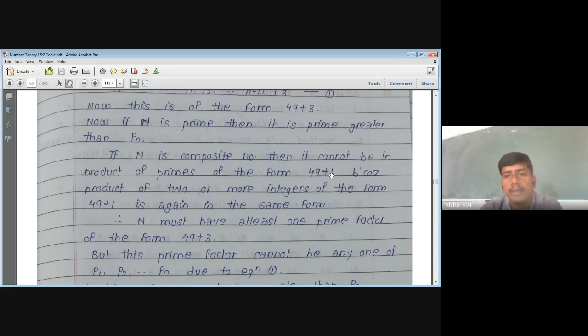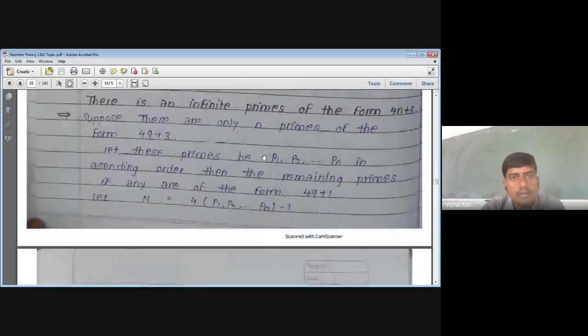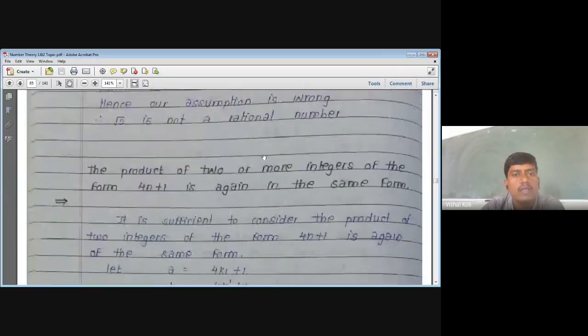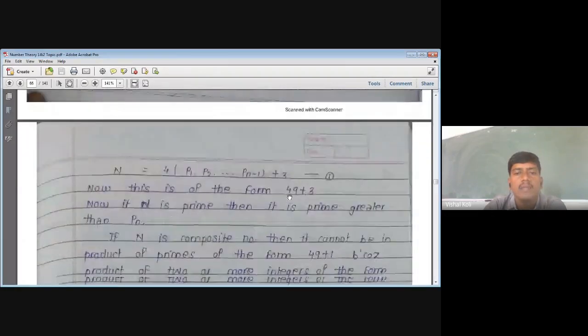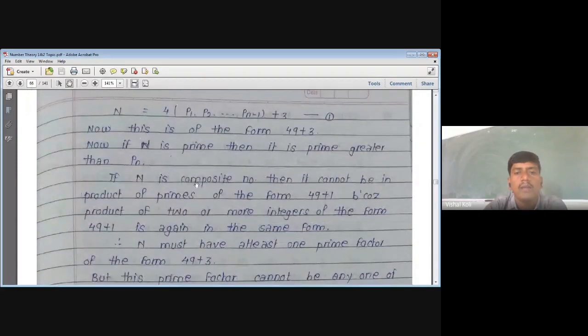If all the prime factors of N were of the form 4q plus 1, then in the previous result we have already proved that the product of two or more integers of the form 4n plus 1 is again of the same form. So if N had all prime factors of the form 4q plus 1, its product would again be of the form 4q plus 1. But here capital N is 4q plus 3. Therefore not all its prime factors are of the form 4q plus 1.